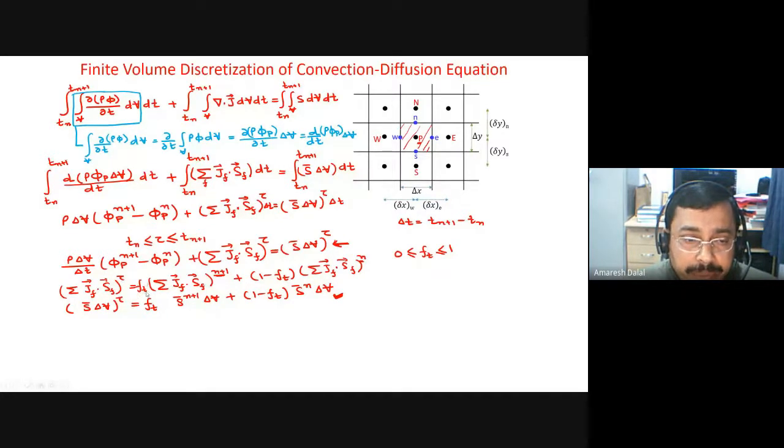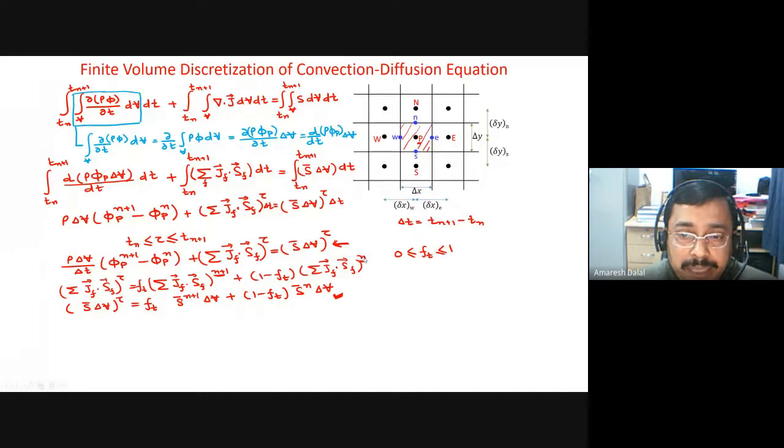We'll write ft times the fluxes at time level n plus 1, plus 1 minus ft times the fluxes at time level n. So now we are just writing this with a factor ft, where ft varies between 0 and 1, and you can see that we are writing ft times the fluxes at time level n plus 1 and plus 1 minus ft into the fluxes at time level n.